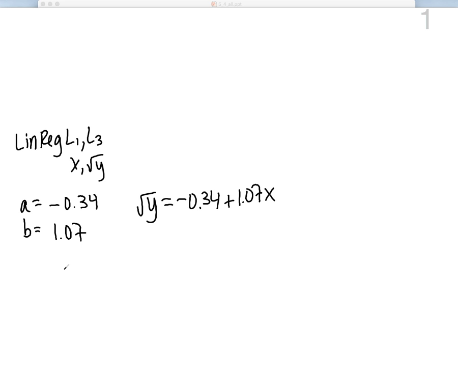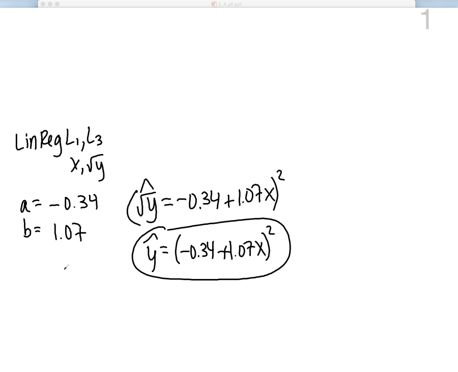But I want y, I don't want root y, so you're going to have to square both sides. So we get y hat equals (negative 0.34 plus 1.07x) squared. This would be our equation that will fit the curve.